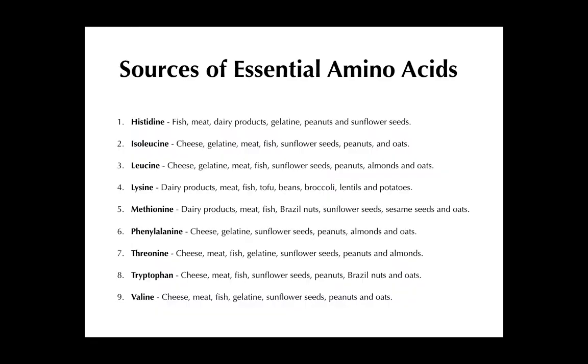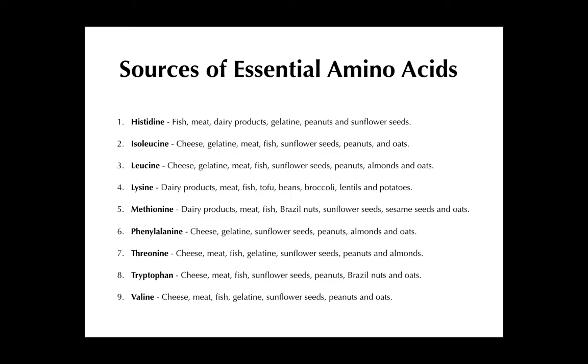Here's a list of sources of the 8 essential amino acids, or 9. We've got plant-based and animal-based. If you look down through these and you eat almonds, sunflower seeds, fish, meat, cheese, oats, dairy products, you're going to have good exposure to those 8 to 9 essential amino acids.